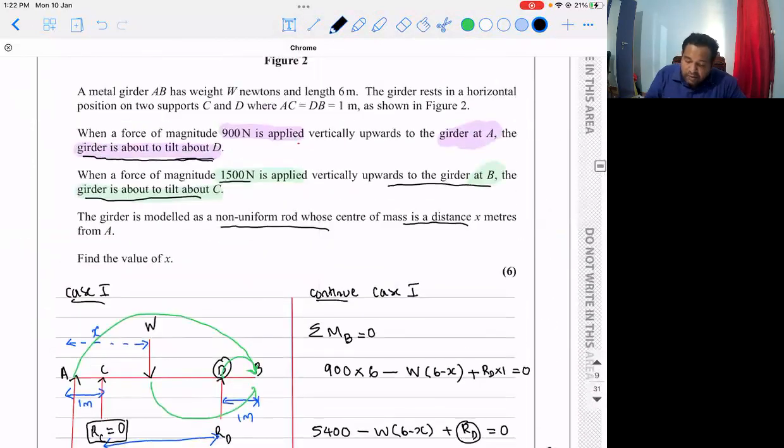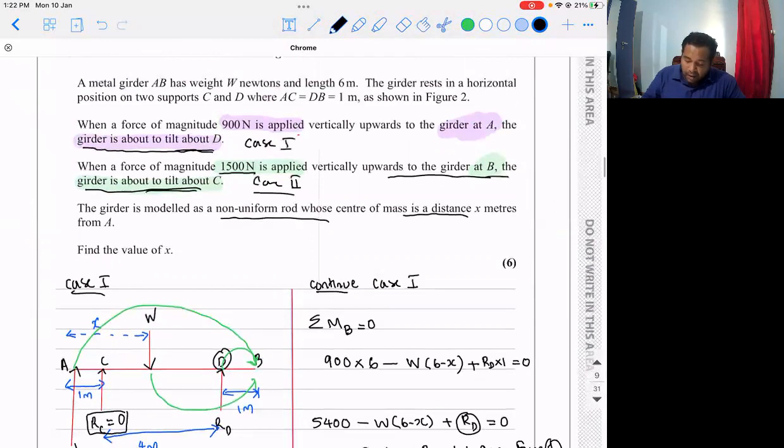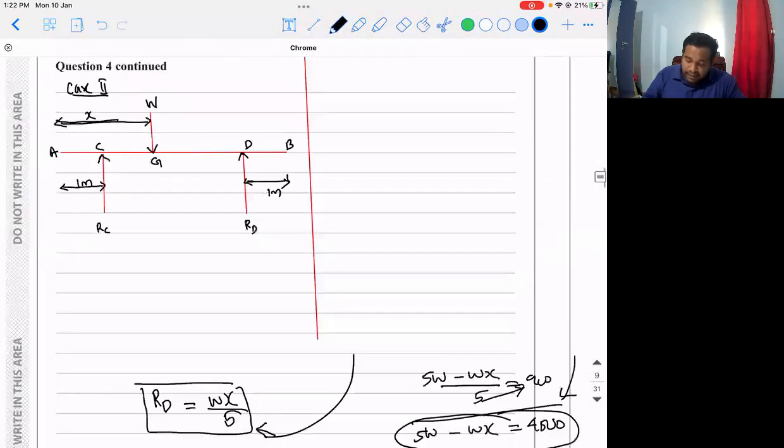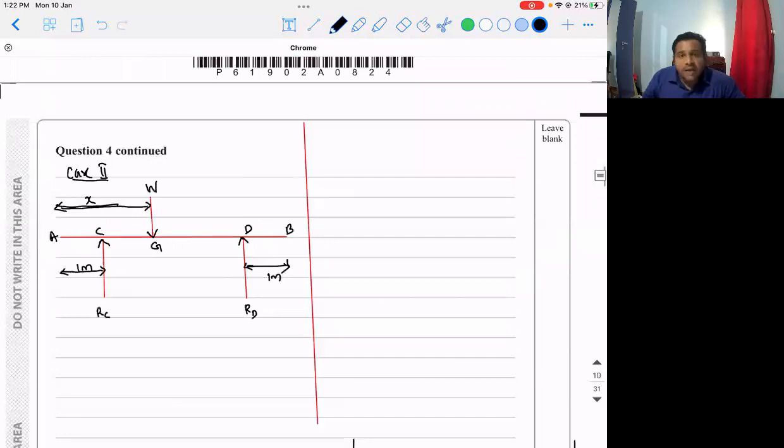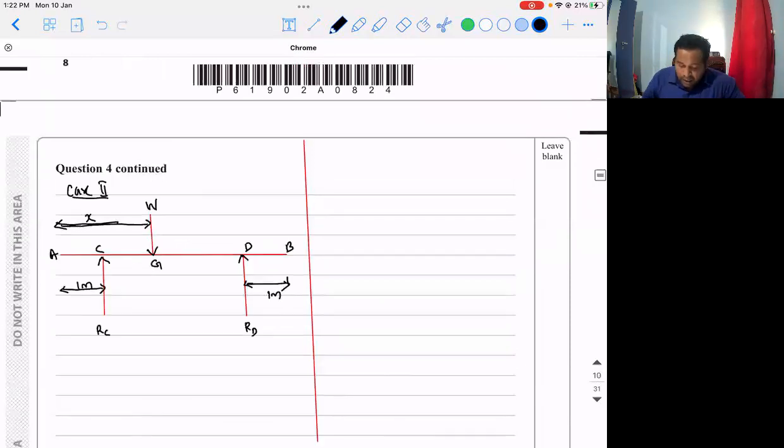When a force of 1,500 Newton applied, so this is actually case 1, right? This is our case 2, 2 separate cases, correct? So when a force of magnitude 1,500 Newton applied vertically upwards to the girder at B, the girder is about to tilt about C.